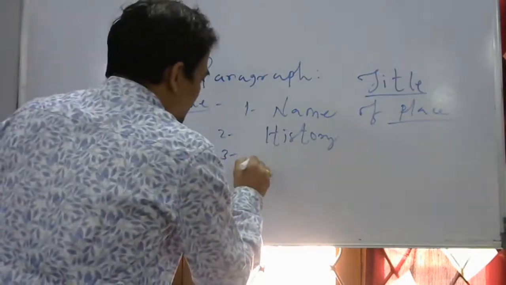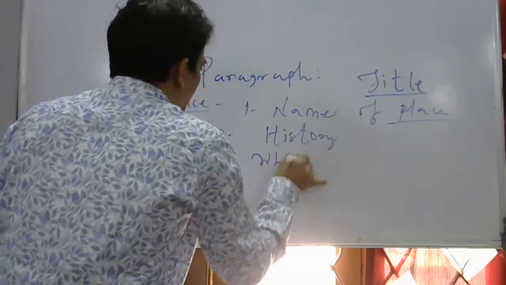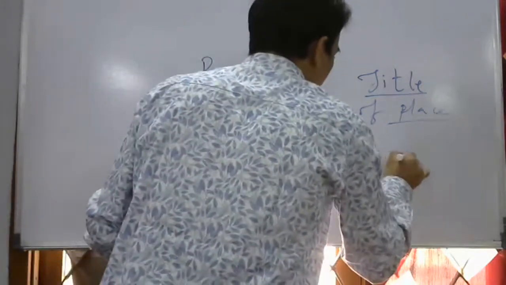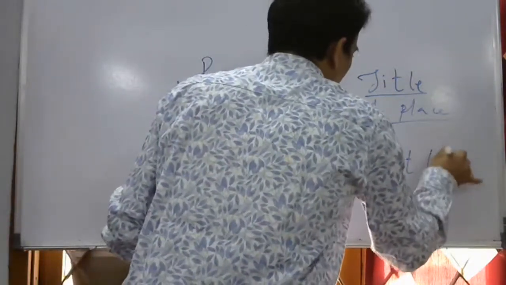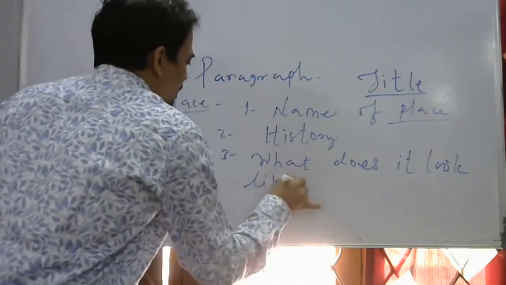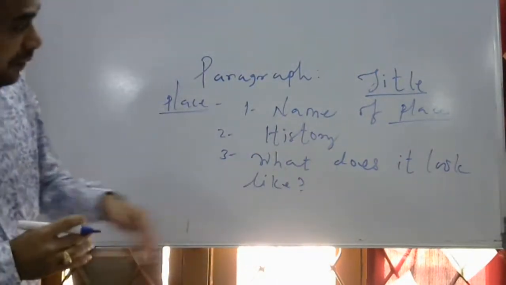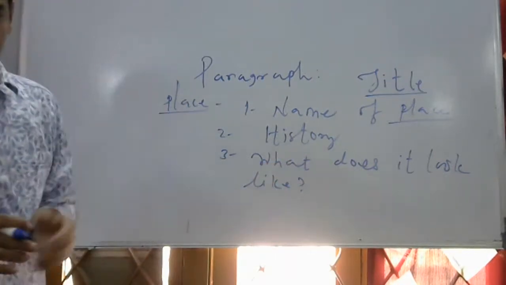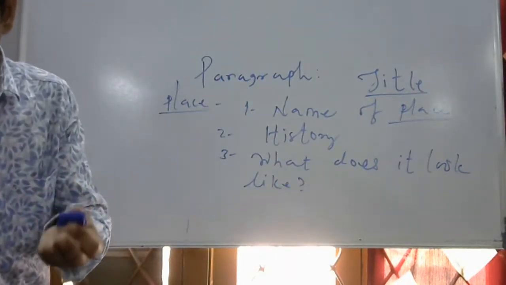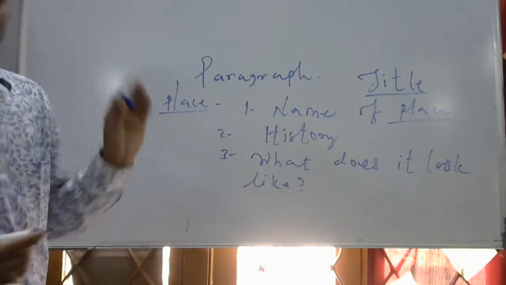Number 4, what does it look like? You ask the question and keep it in your mind: what does the place I am talking about look like? The size, appearance, atmosphere, everything you have to understand.